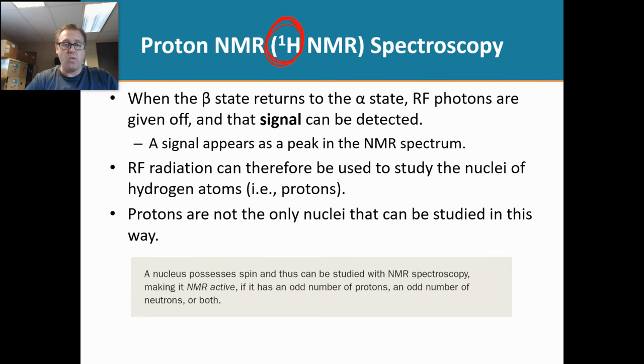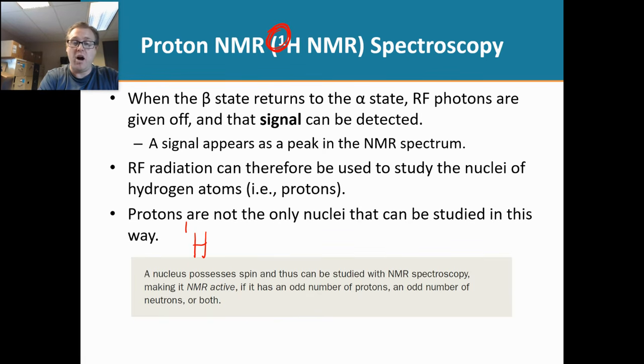Okay? And one critical thing in determining which nuclei can be used in an NMR experiment has to do with this number right here. How many protons it has. And the number of protons has to be odd. So proton NMR has an odd number of protons, so it can be used in NMR.